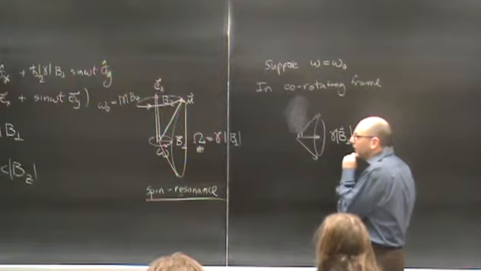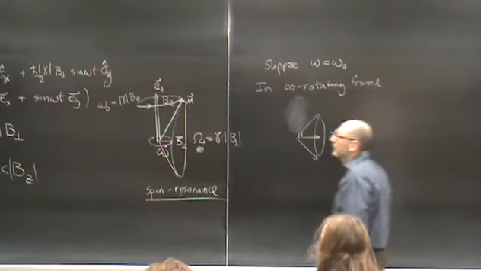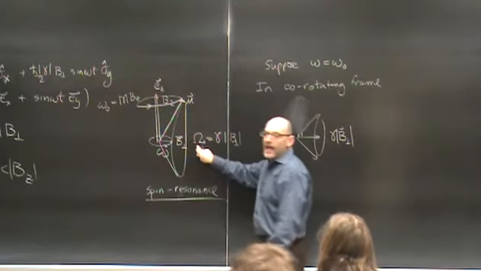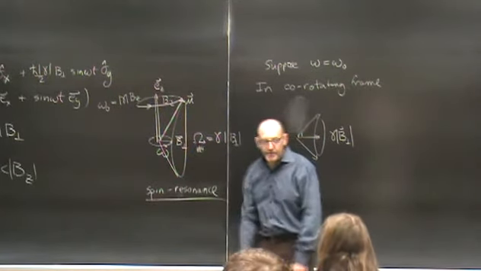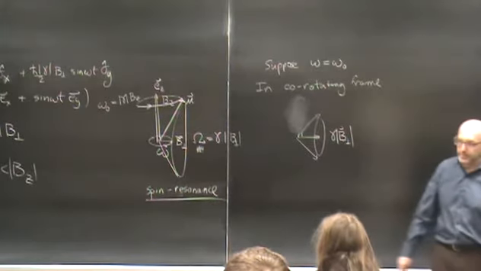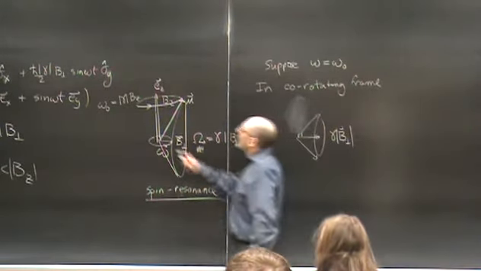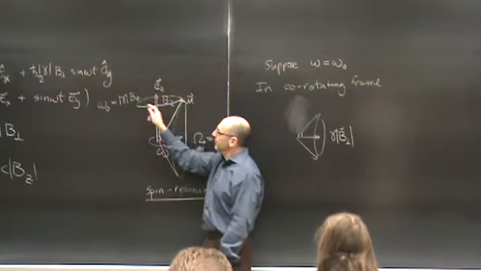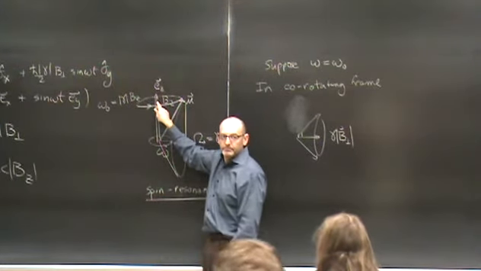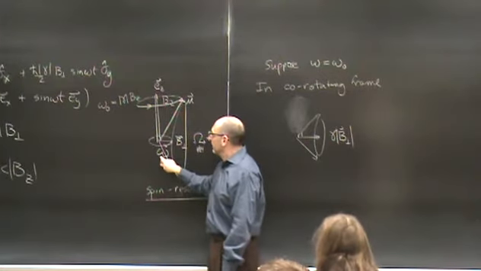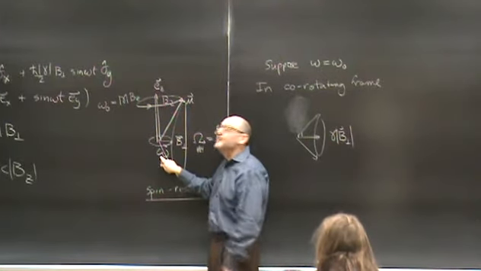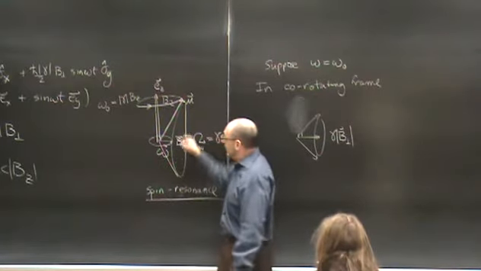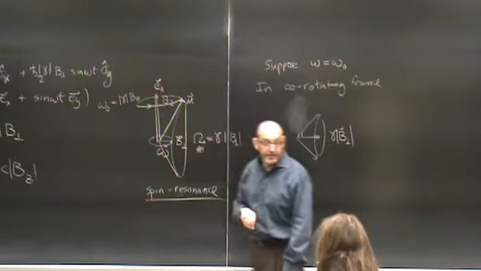Okay. So there are three frequencies here: omega naught, little omega, and capital omega. They're three different things. So what do they represent? Omega naught is the precession frequency around the static field. Little omega is the driving frequency. It's the frequency at which I am oscillating this magnetic field.